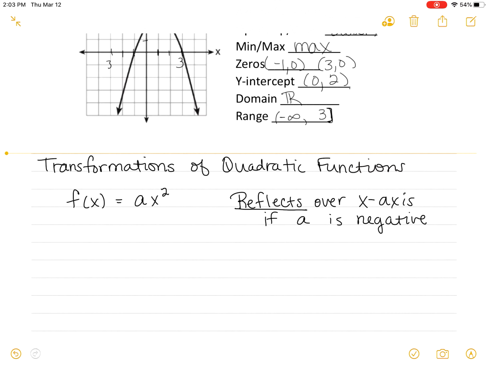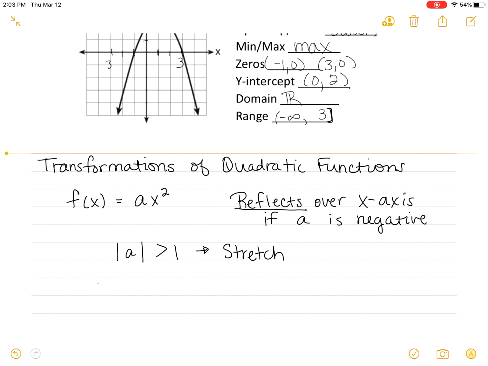And then we had stretches and compressions. Remember that if I ignore the negative in front and I look at just the number, we can call that the absolute value. If that number is bigger than 1, then it's a stretch. So it stretches the graph.